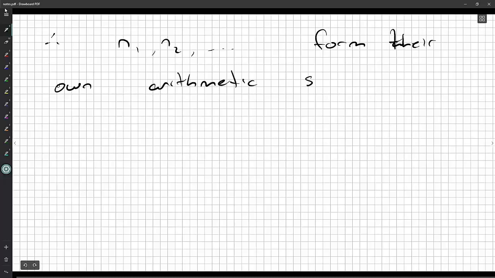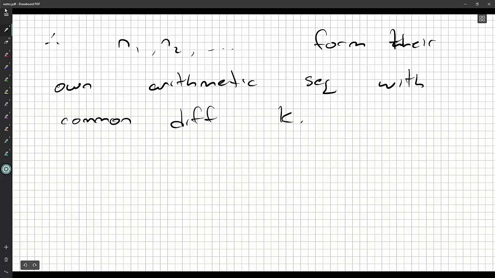Therefore, n1, n2, and so on form their own arithmetic sequence with common difference k. Okay, so now, what can we say from there?